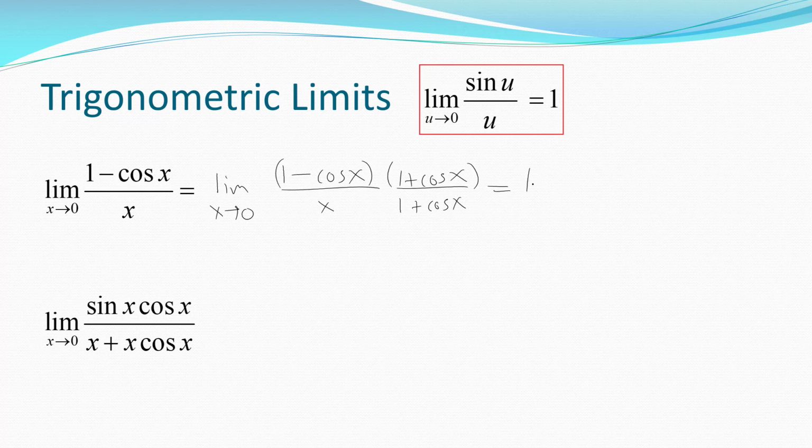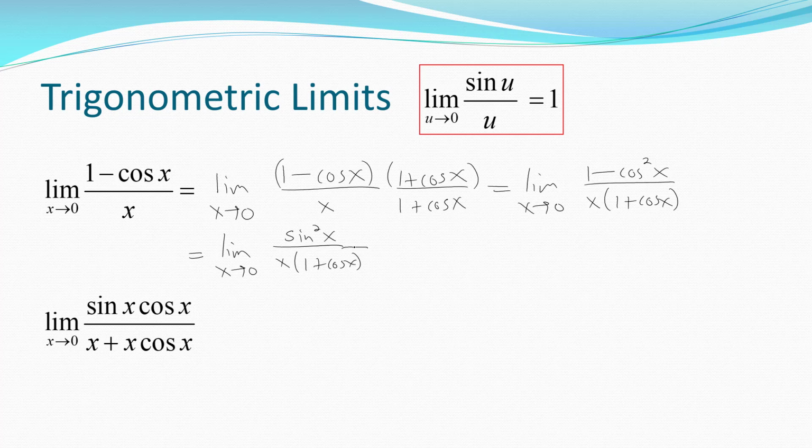So this will become then the limit as x approaches 0 of, you would get 1 minus the cosine squared of x all over x times 1 plus the cosine of x. Don't distribute that product. That would then be the limit as x approaches 0 of, the numerator is just the sine squared of x, and that's all over x times 1 plus the cosine of x.